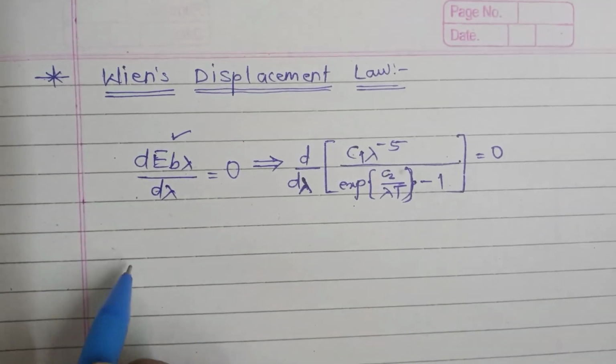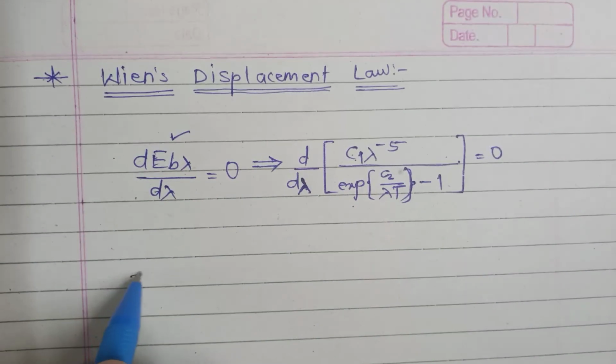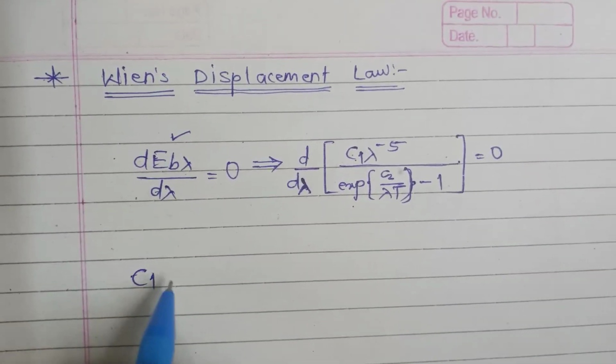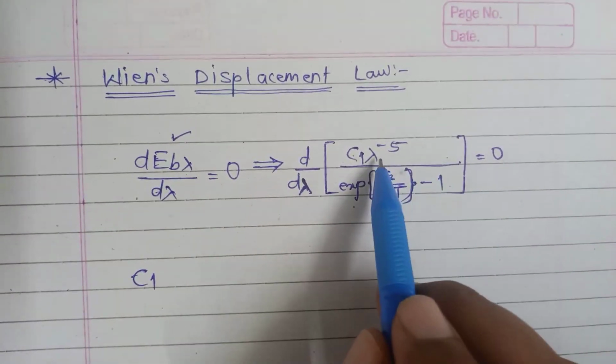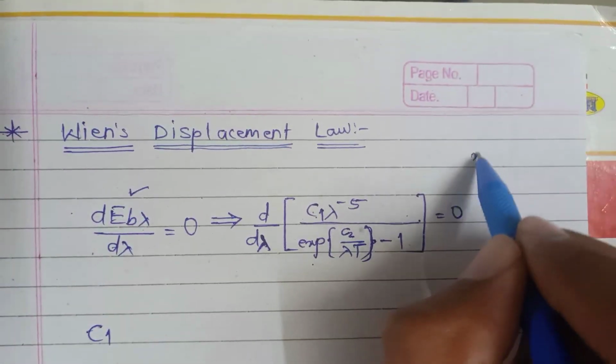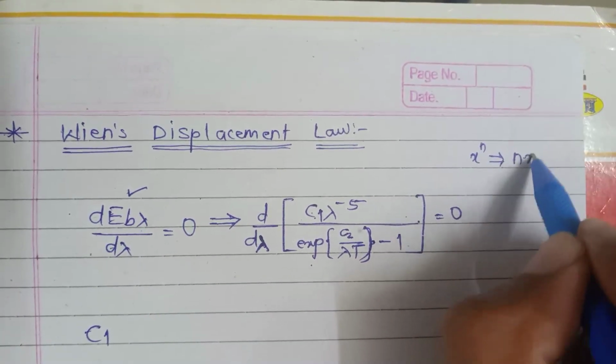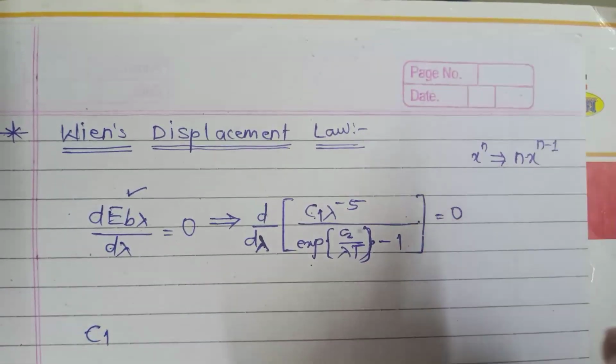So for the numerator, because C1 is a constant, we have C1 as it is, multiplied by, we know that differentiation of x raised to n is n multiplied by x raised to n minus 1.